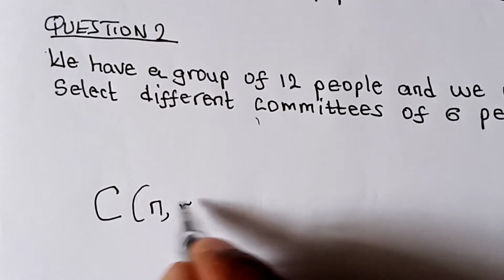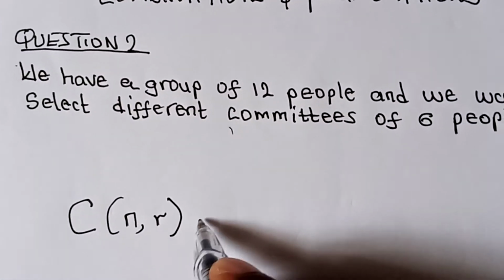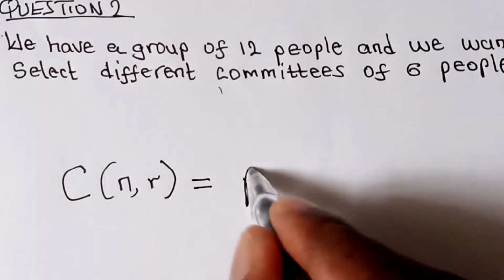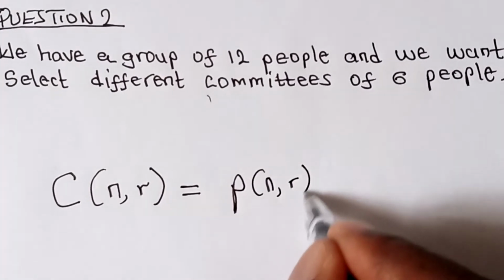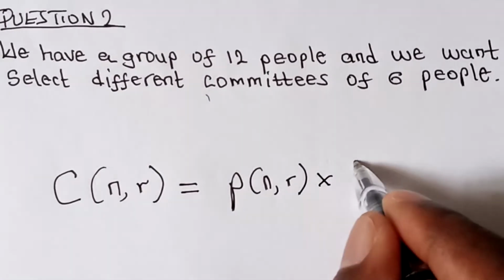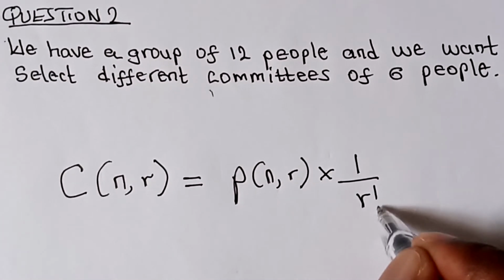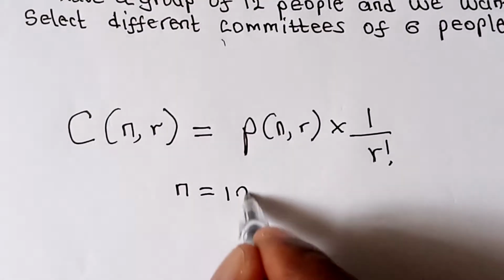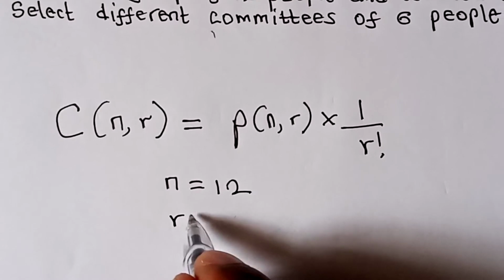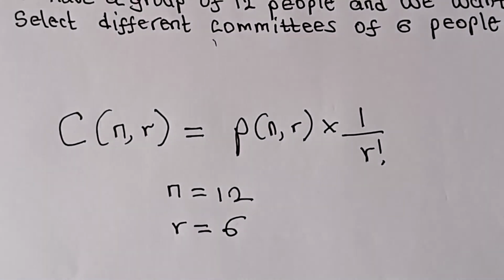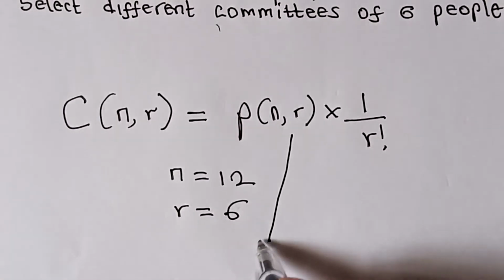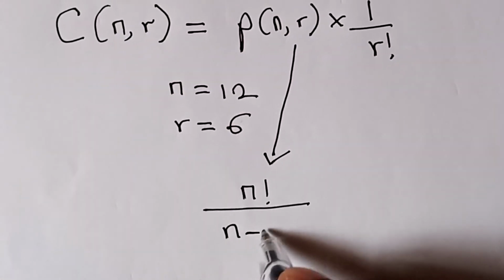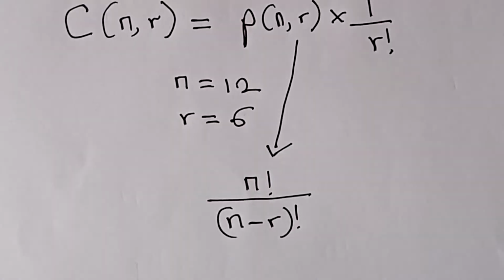We want to choose 6 from n, which is equal to our permutation n r multiplied by 1 over r factorial. In this case, n is 12 and r is 6. Remember, we had defined this as n factorial divided by n minus r factorial.